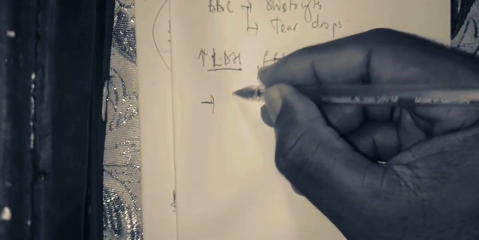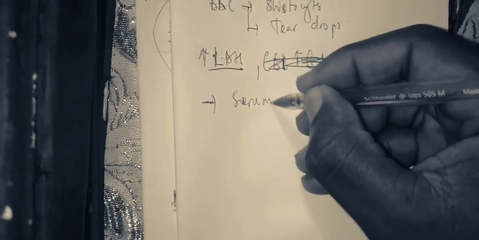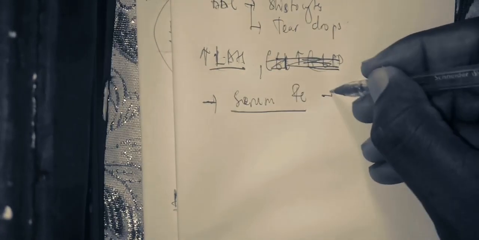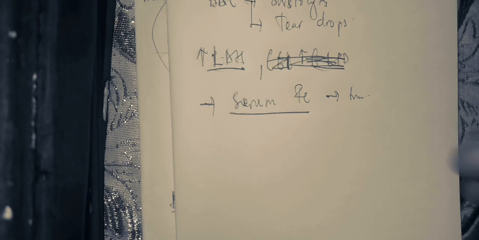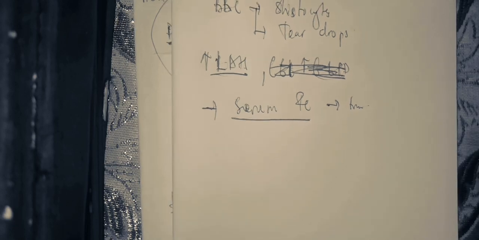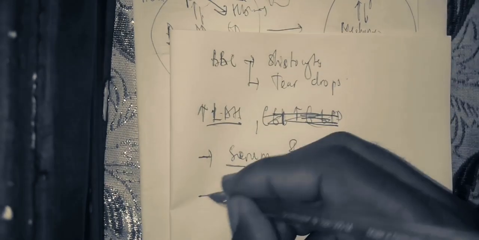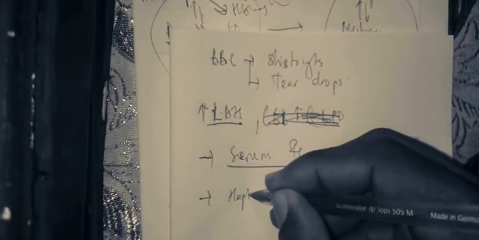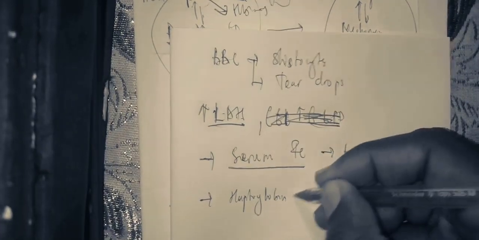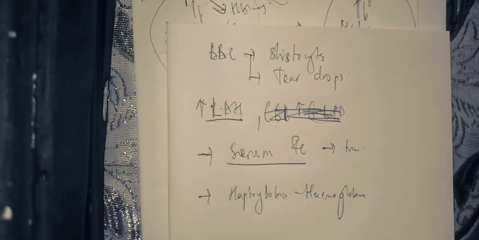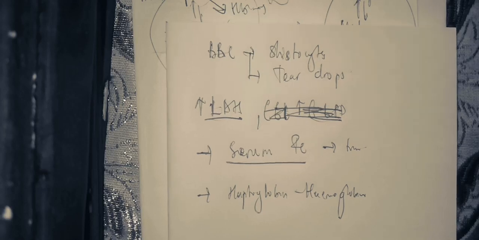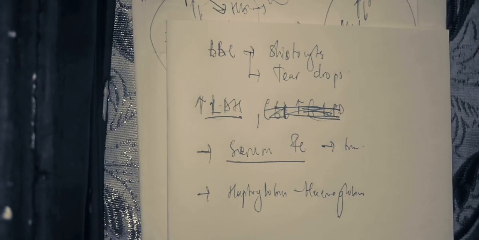Then you have the serum iron profile that is going to increase. The transferrin level is going to be increased. The serum iron is going to be increased. Is it clear? Can tell you that the patient is hemolyzing. So those are the major elements. And you have also the haptoglobin hemoglobin level that is also going to increase in blood. Is it clear? So all those are the elements that can tell you that the patient is actually hemolyzing.